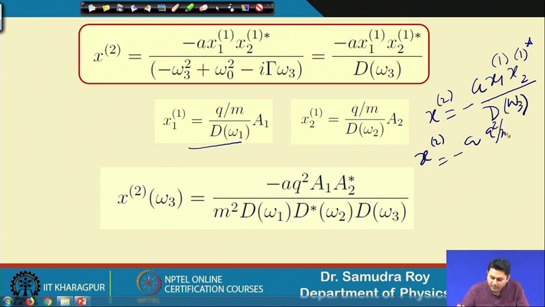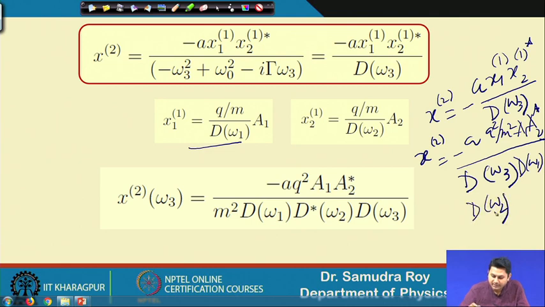So, I should write q square divided by m square, then the whole divided by a 1 and a 2 will be there, but mind it, x 2 is there, so one will be a 1 and another will be a 2 star. Then the whole is divided by d of omega 3 as it is, and from here we have one d of omega 1 and another d of omega 2, but since this is star, we should have a star here.